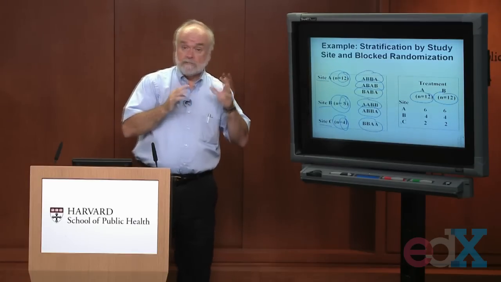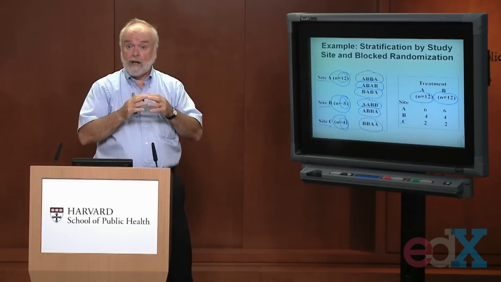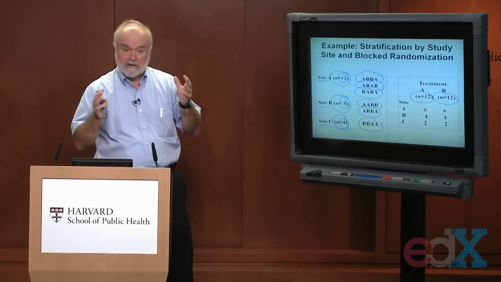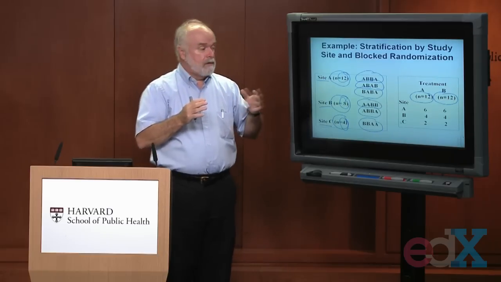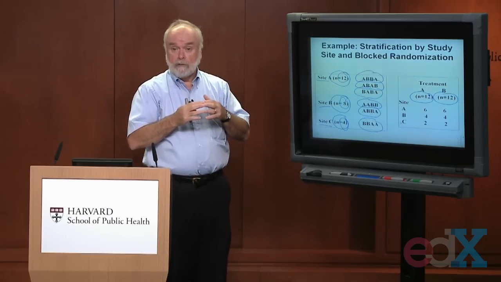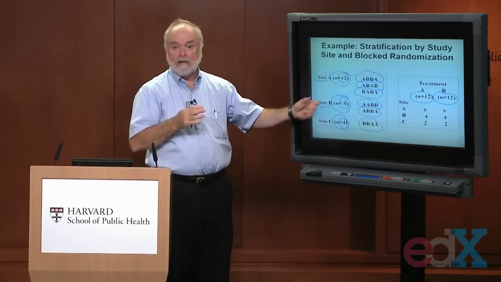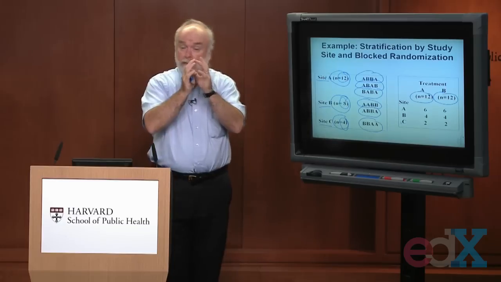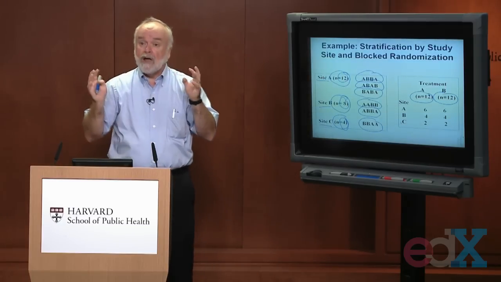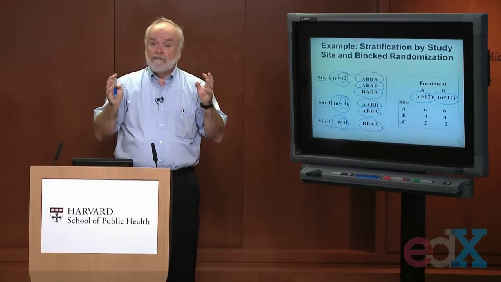With blocked randomization, it's either going to be perfectly balanced or at worst, only one or two more people in treatment A or treatment B, because at any particular hospital, if you don't fill a complete block, the worst that can happen is if you only enroll two people, both of them are going to get treatment A or both of them are going to get treatment B. The total number of people within the hospital receiving A or B is at worst off by 2 people if you're using a block size of 4.